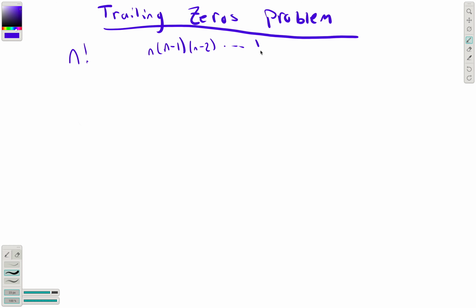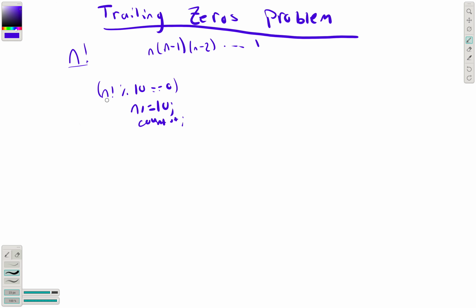Part of the complexity of this is you can't just compute n factorial and then keep dividing by 10 as long as your mod 10 equals 0. Like you can't just compute this and then say, okay, if this equals 0, then n divide equals 10 and count plus plus.